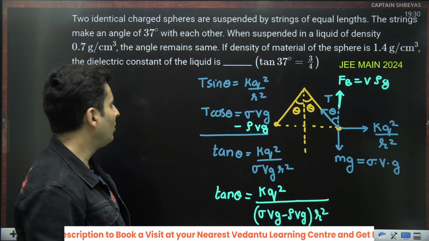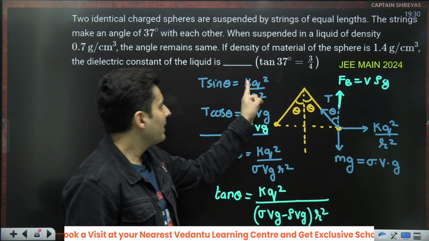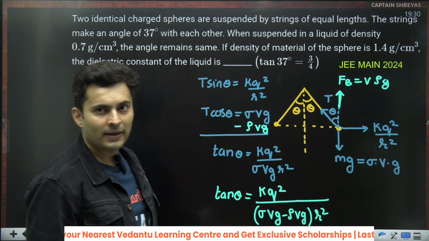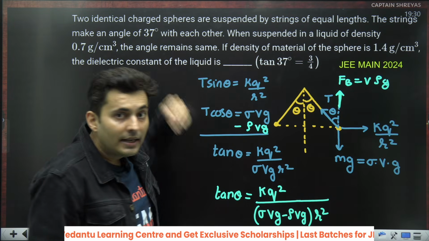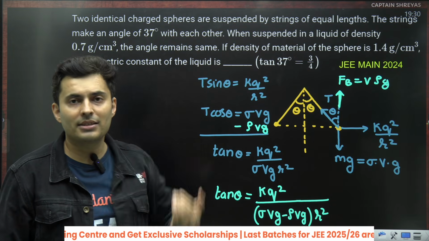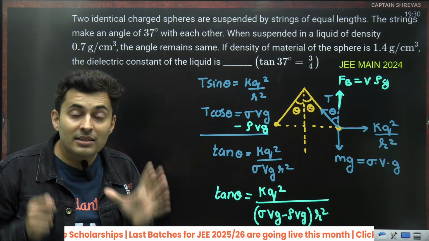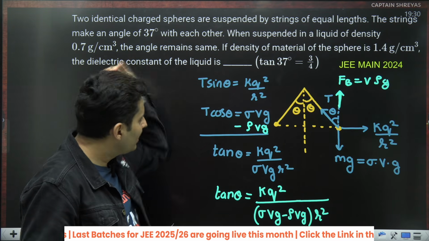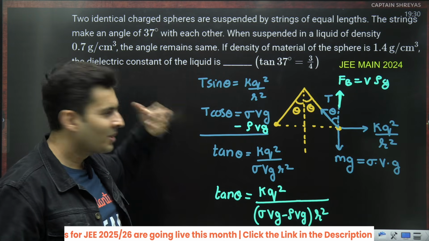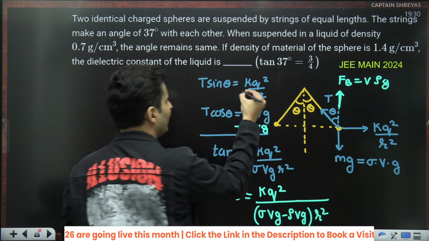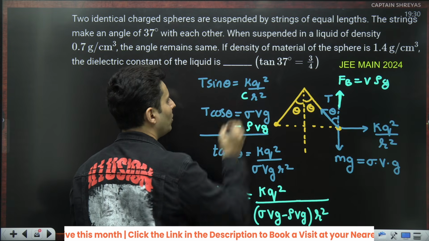There's one more small thing. The electric force will no longer be kq by r square. It will be reduced dielectric constant number of times. Now, usually the symbol of dielectric constant is K, and the Coulomb's constant is also K. Can be confusing. So maybe I use some different symbol to put it over here.